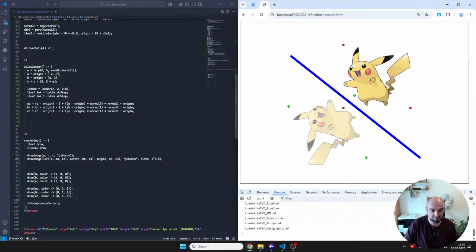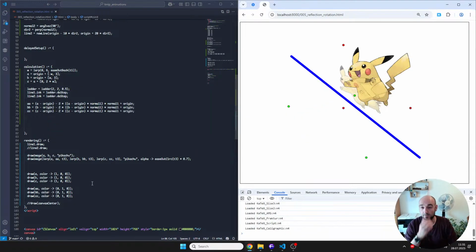And we let the alpha also interpolate, we let it pop up. So let's make it ease out circ. And do we want to have it fully visible? Probably. Maybe? Let's make it 70% visible.